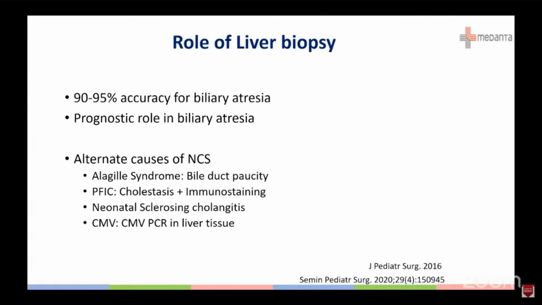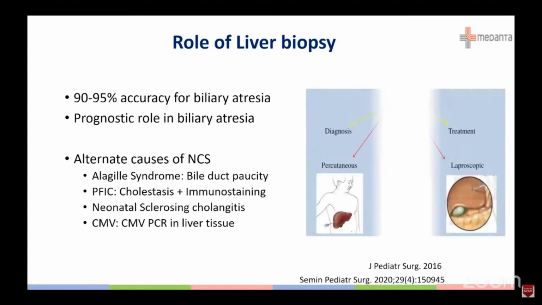Is there any role of liver biopsy in this case? Yes, definitely. The liver biopsy is 90 to 95% accurate in diagnosis of biliary atresia. Along with the diagnosis, it also has a prognostic role, and it guides the treatment as well. So why the prognostic role?